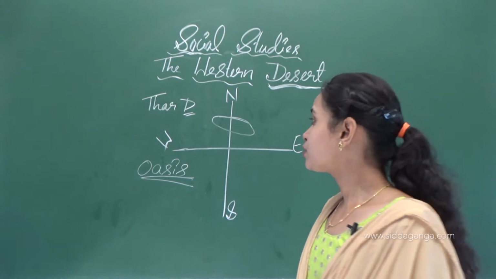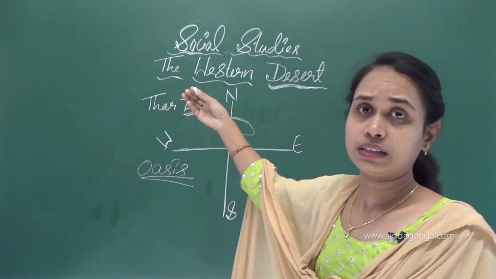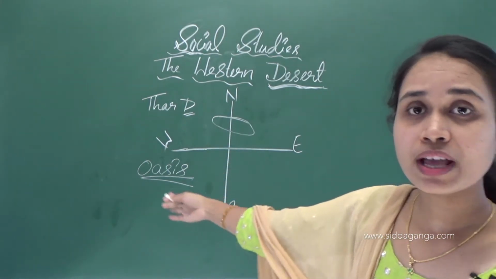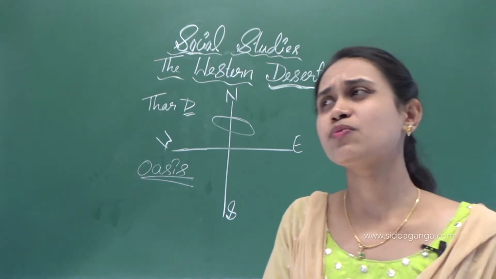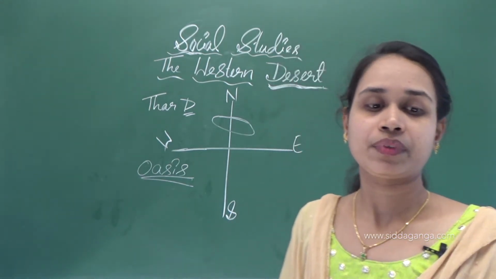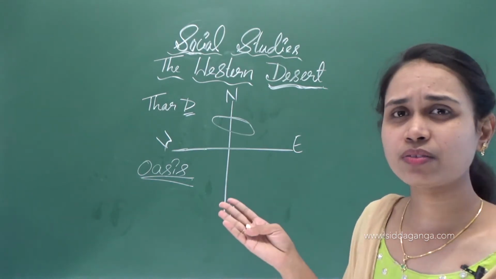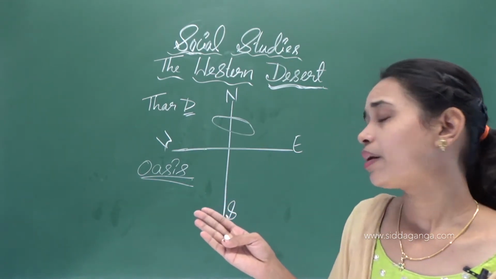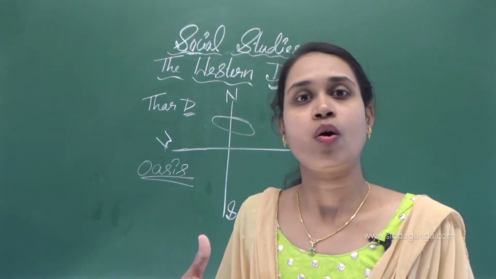I already told you that in the desert area they get less rain. Here there is very little rain. Not only in the western desert, any desert can get little rain.